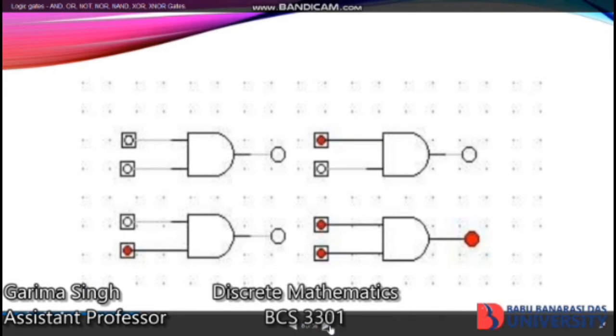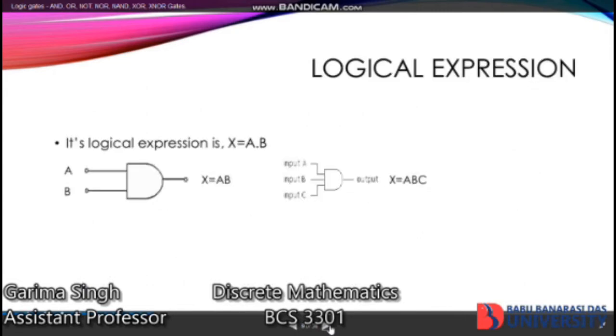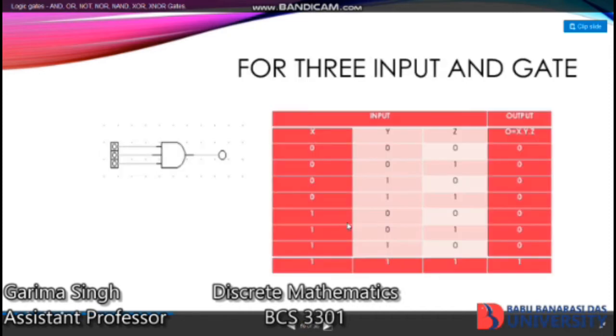This is the symbol. This is the logical expression. It says x is equal to A and B. So you will apply a logic gate, and this is x, equal to A into B, is the representation. These are three inputs, and this is also a representation of the logic gate.